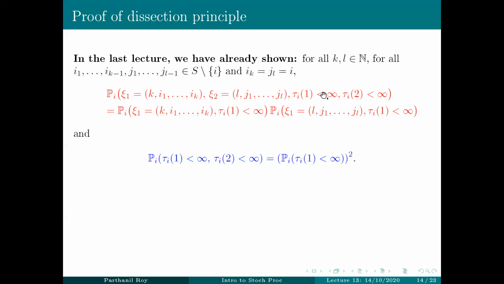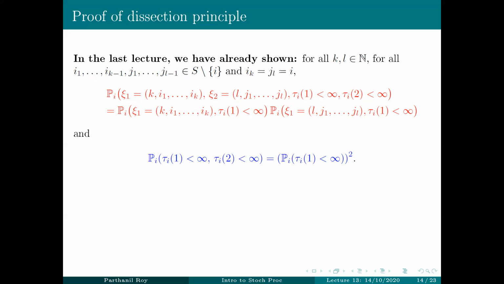Therefore, in particular, they're finite already, so these events were actually redundant. We could have not written these things, but we decided to write them. Similarly, for the second quantity here, tau_1 is already l; in this case it's already k; in this case it's already l. So they are redundant, but let's keep them.